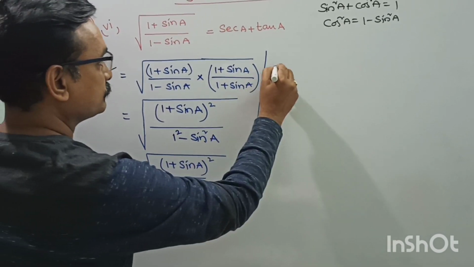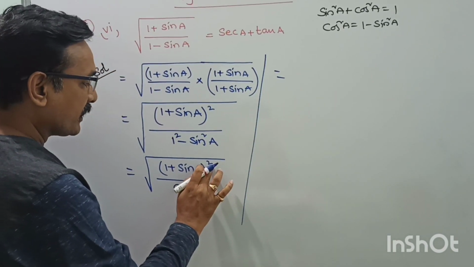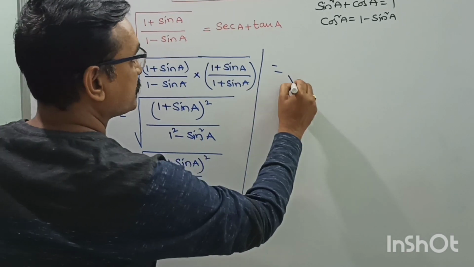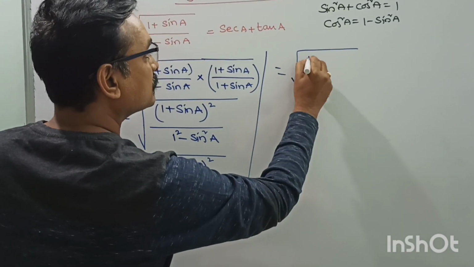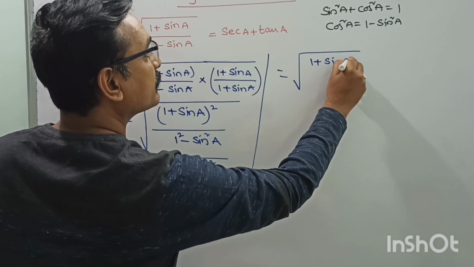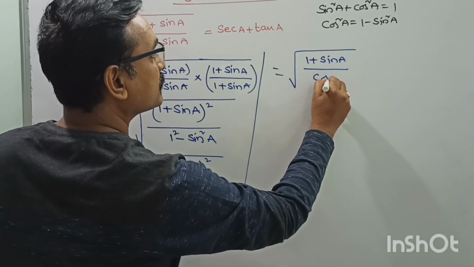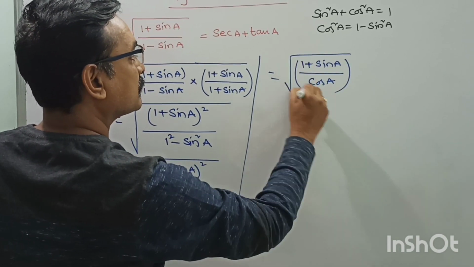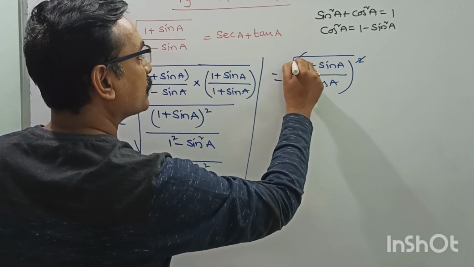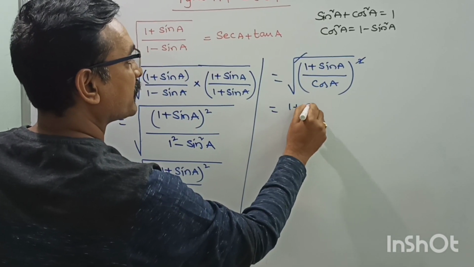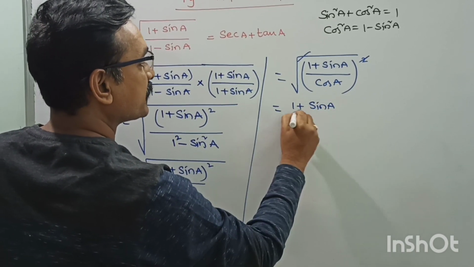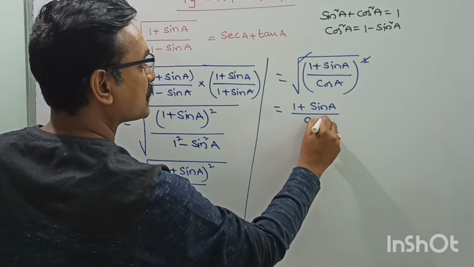Now the numerator has a square and the denominator also has a square. So write here ((1 plus sin a) by cos a) whole square. Now square and root both get cancelled. We can write here (1 plus sin a) by cos a.